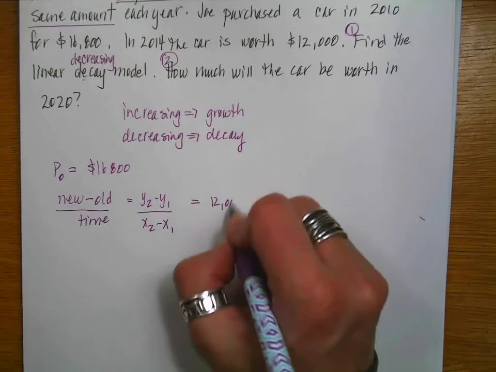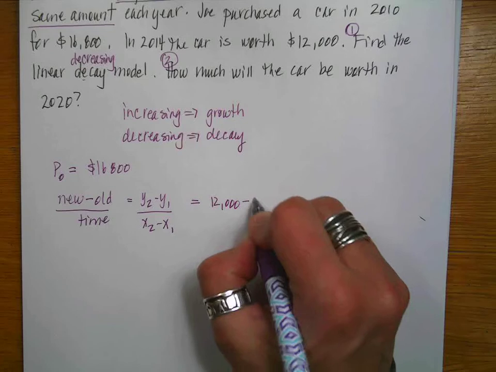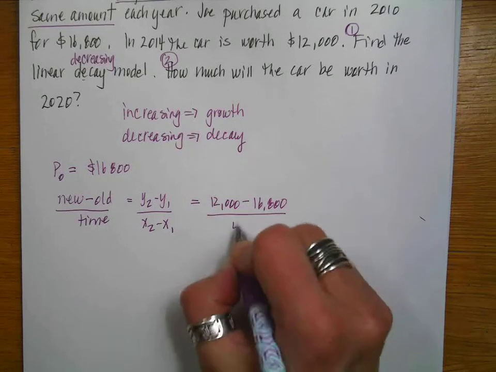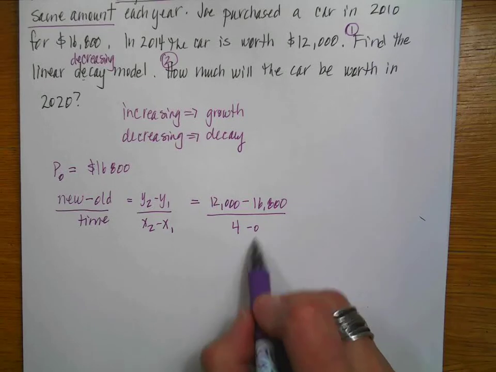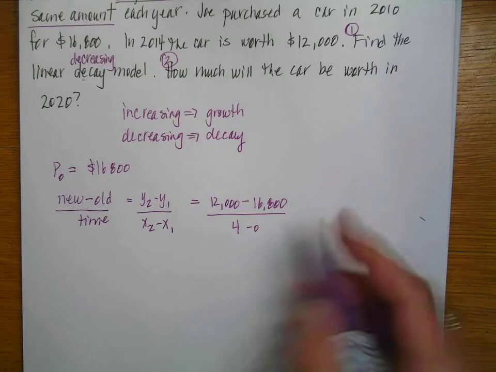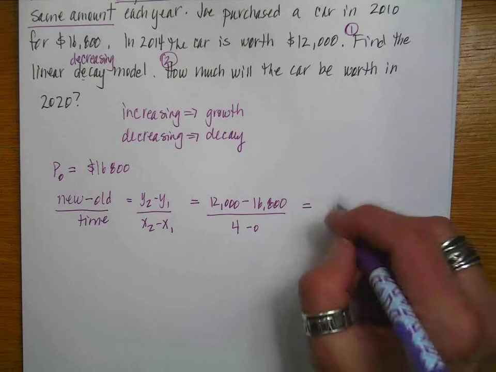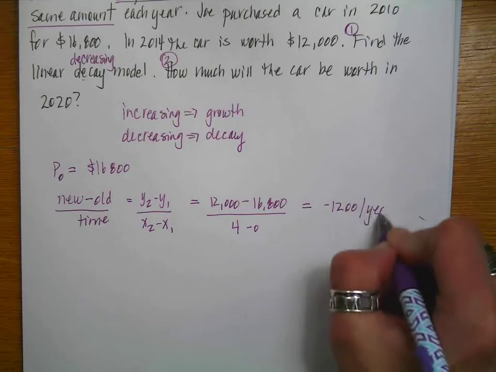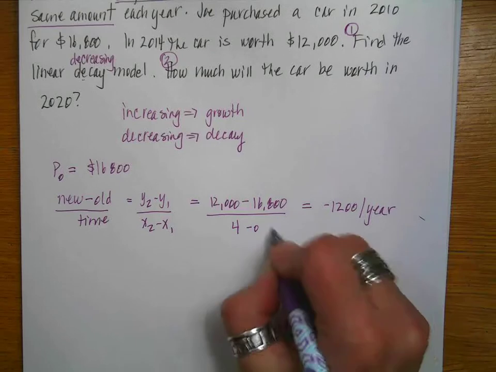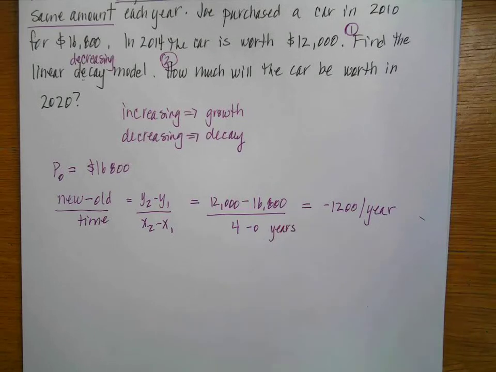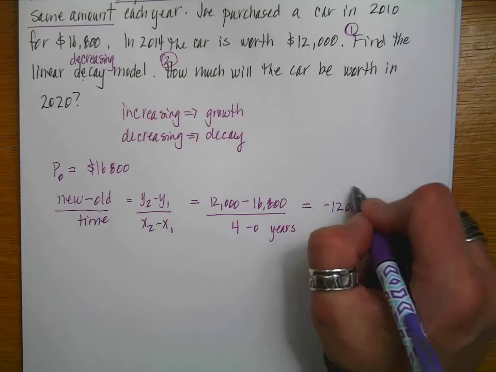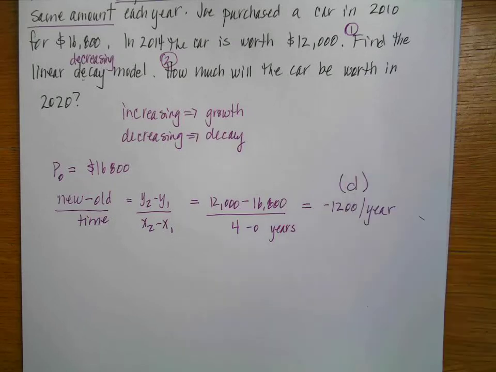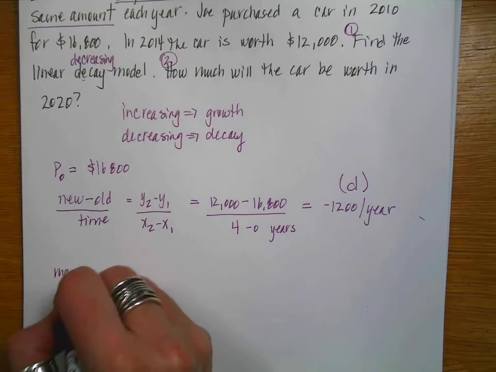Okay? So my new price is 12,000. The initial price was 16,800, and then technically it's 4 minus 0 because he bought the car in year 0. And so if I do that math, I'm going to get that this is negative 1,200 per year, because these are years in the denominator. So this is going to be our D. Okay, so this is our common difference.